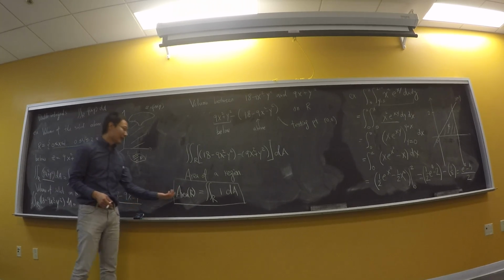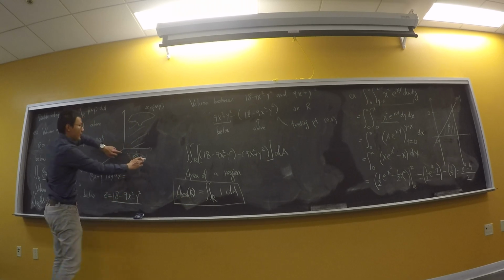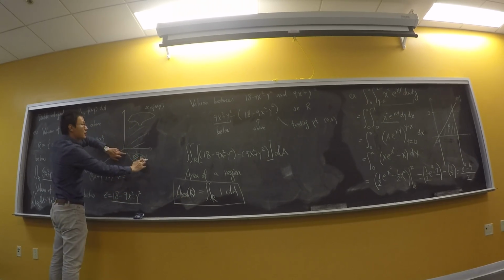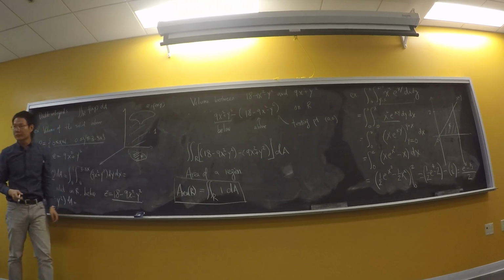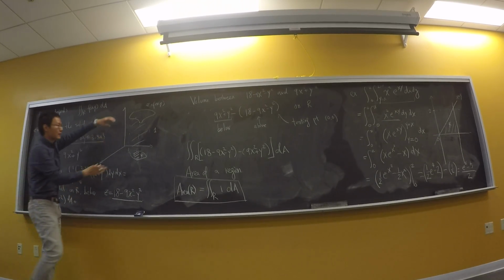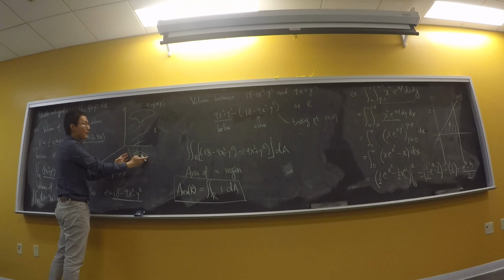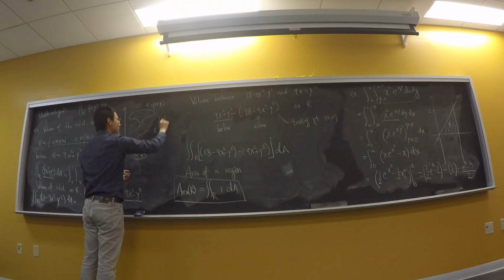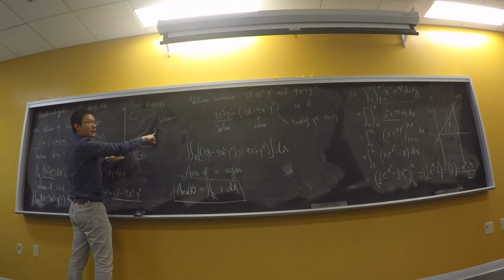So first of all, if I have a region in the xy plane, and I raise a solid with height equal to 1, okay? So if this is height equal to 1, and this is a solid built upon this region in the xy plane, the volume of this solid, by using geometry, will be exactly equal to the area of the region multiplied by the constant height 1.